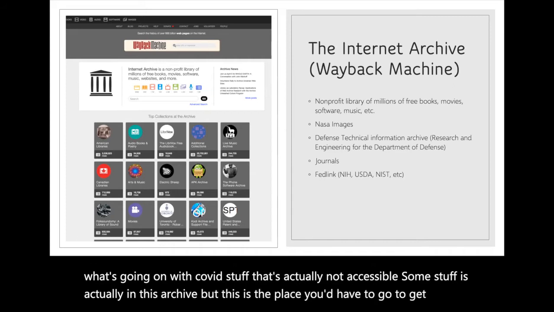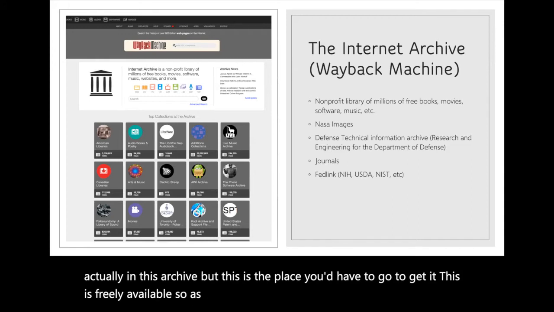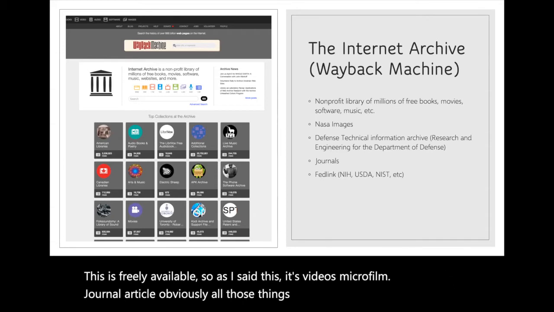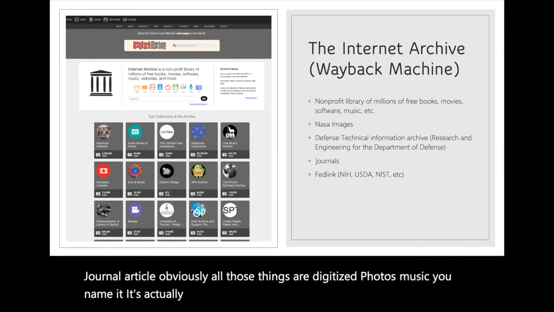This is freely available. As I said, it's videos, microfilm, journal articles, all digitized, photos, music, you name it, it's here. Patents, so it's all of this stuff.